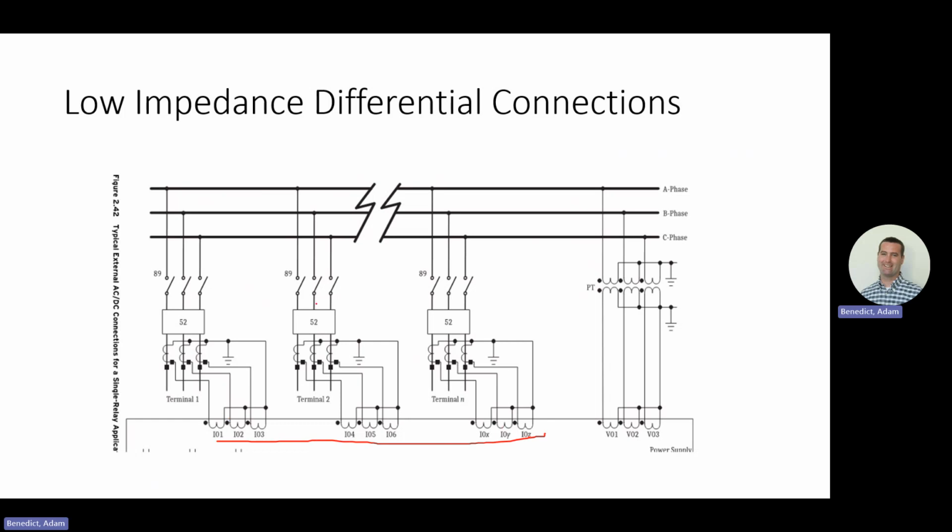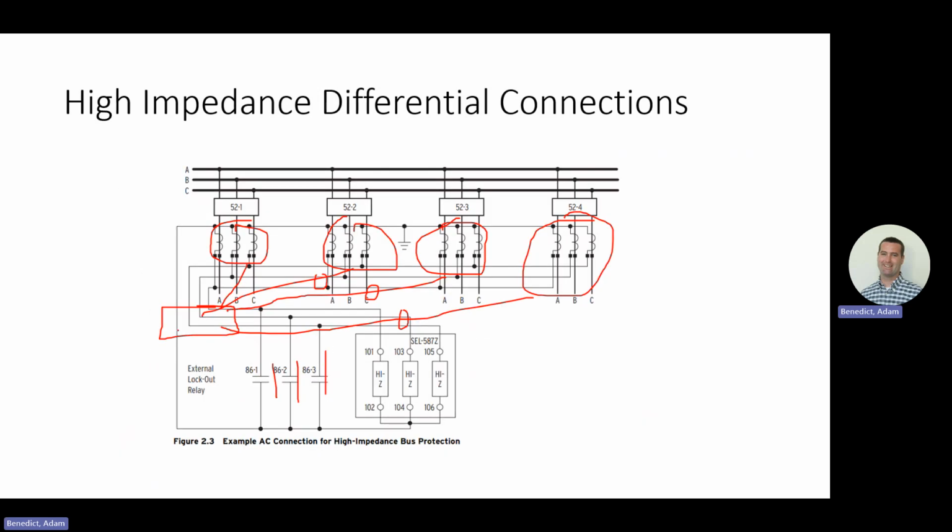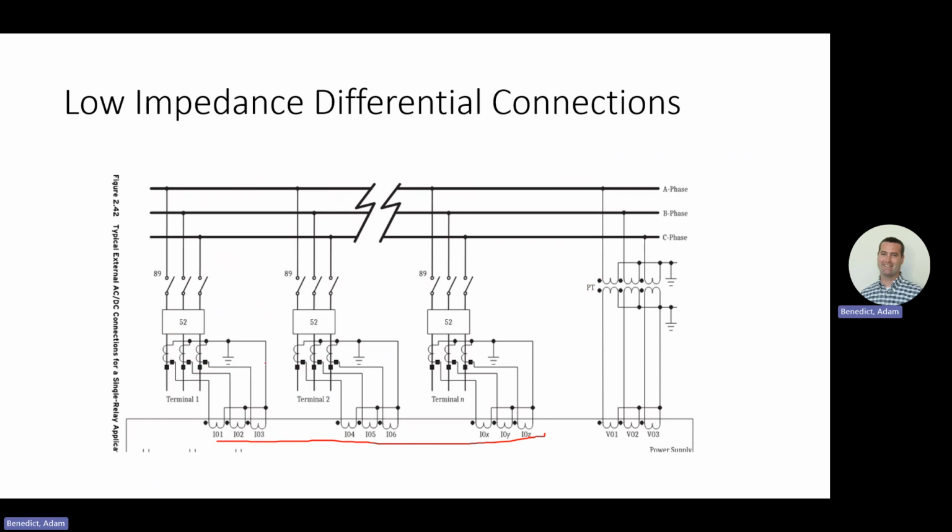Here, you're limited to 3 based on this, unless you can add a card or buy a new relay. But you're not worried about shorting them out. You're a little worried about the difference in line length or the cable length, but not to the same degree as your high impedance. Here, you're more worried about saturation being the difference.